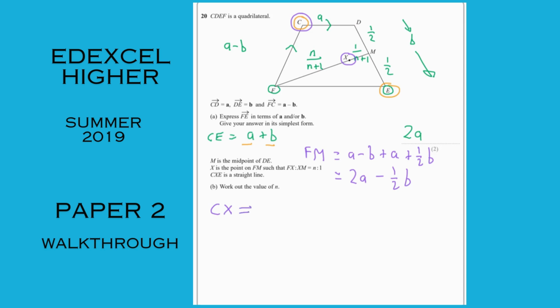To go from C to X, I'm going to go to F first. That means minus A minus B. So I'm now at F. I now need to get to X. In order to get to X, I need a multiple of this.